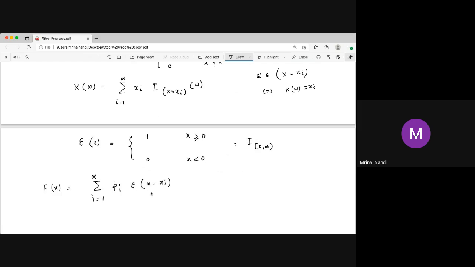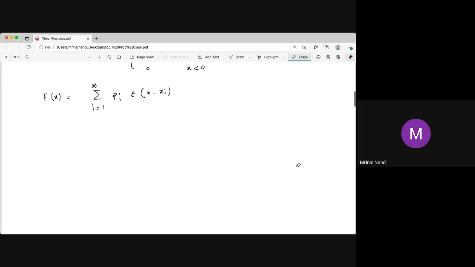If xi is bigger than x, then that is negative, so it goes to 0. And if xi is less than or equal to small x, then in that case this is 1. So we add that pi. So this is a very important notation to prove something.